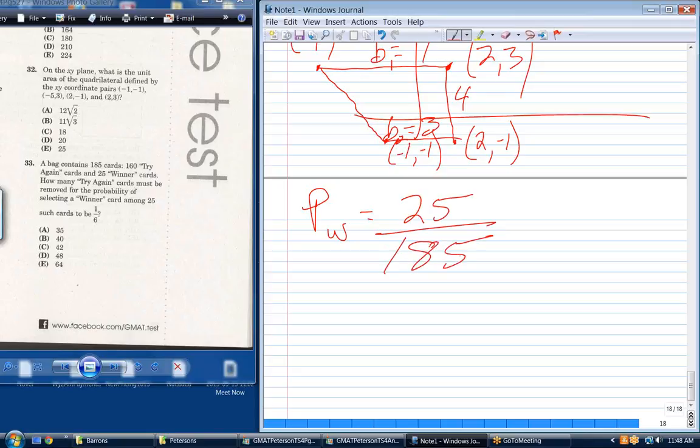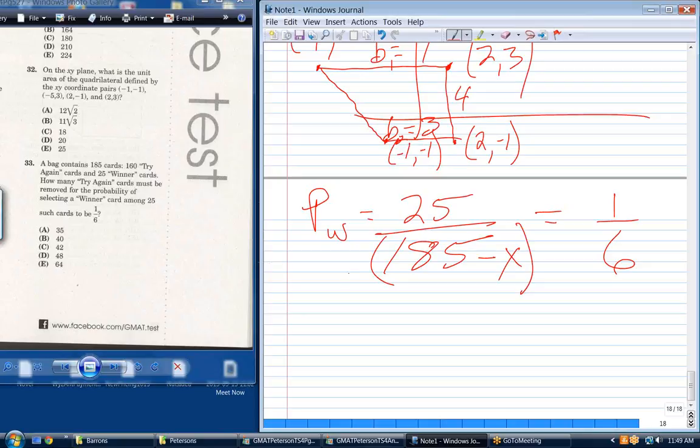Okay. And what we need to do, how many try again cards must be removed? So we're going to remove some amount from the try again cards, we'll call it X, such that this whole thing is equal to 1/6. Because right now, 25 divided by 185 is not 1/6.